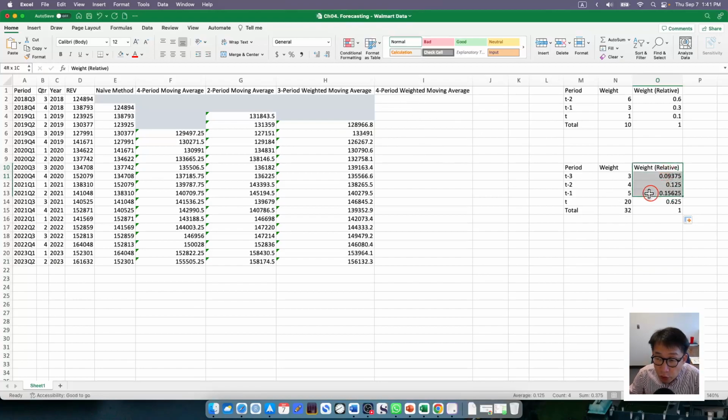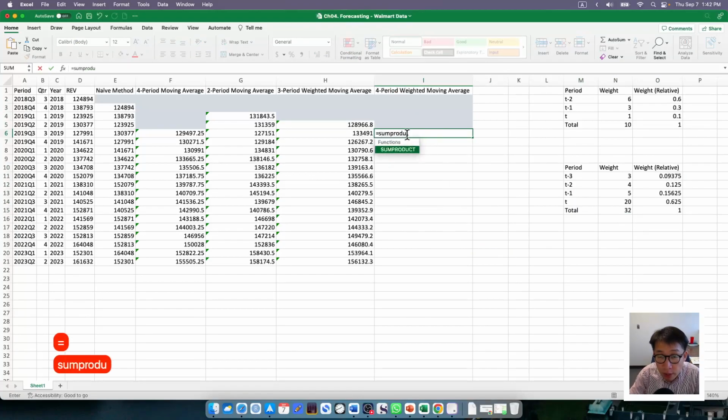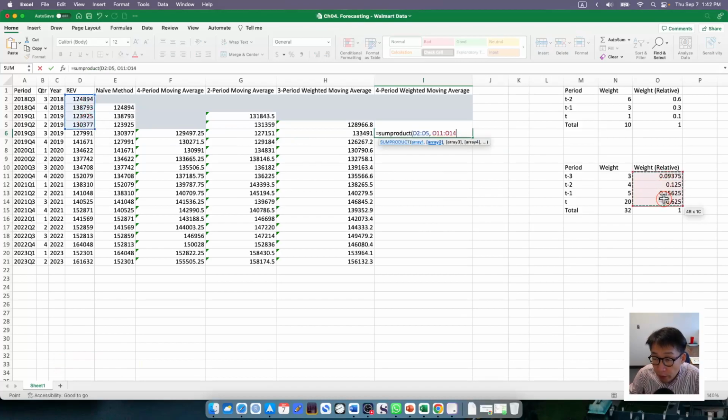Again, this part is usually provided either in the form of a table or just in a verbal description. So we're going to leave 4 periods out, see if this is what you want to do, and we're going to start using the sum product to get the weighted average. First 4 periods, because this is a 4-period weighted moving average, and then the range of weights.